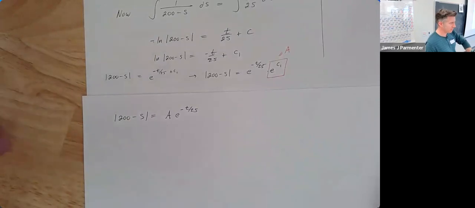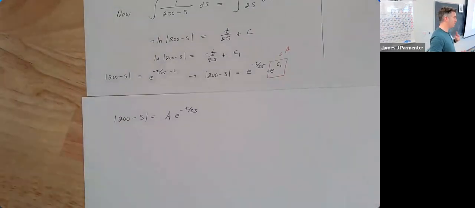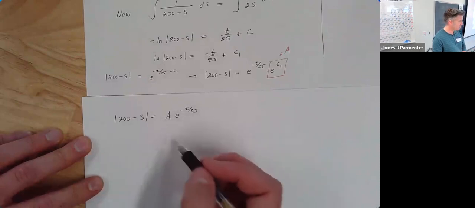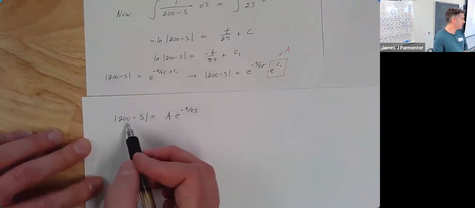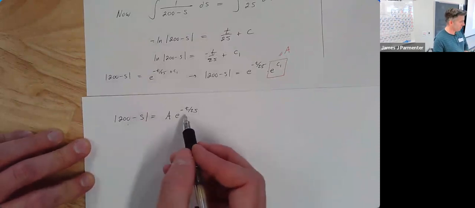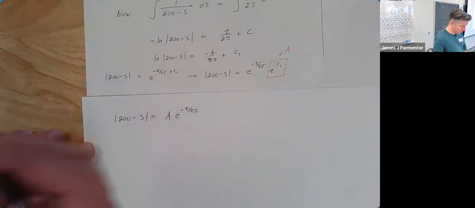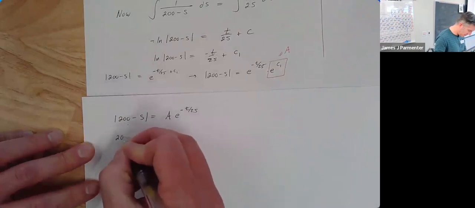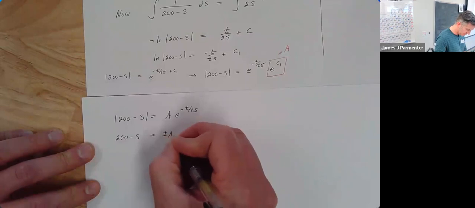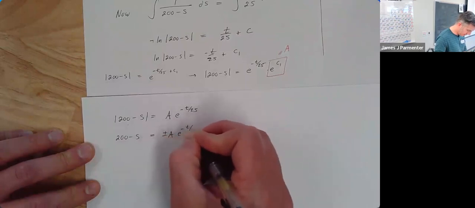So I wanted to show you guys something because I think it's kind of worth seeing. The whole idea here is why we can actually drop the absolute value. Because what you're really saying is whatever this is equal to this. So whether the insides here are negative or positive, after you make them positive, you get whatever this is. So the way we can adjust for that is just saying that the insides here are either going to be plus or minus a e to the negative t over 25.